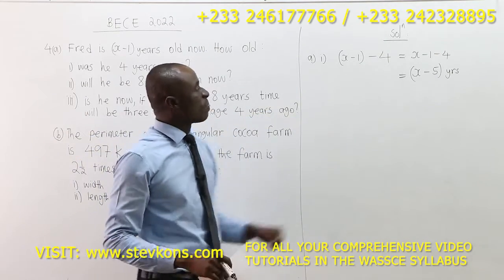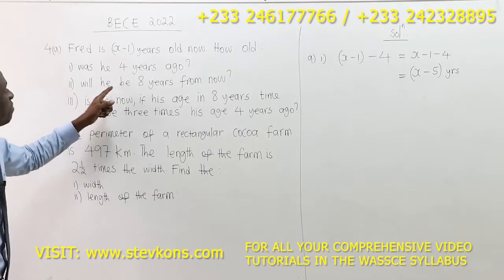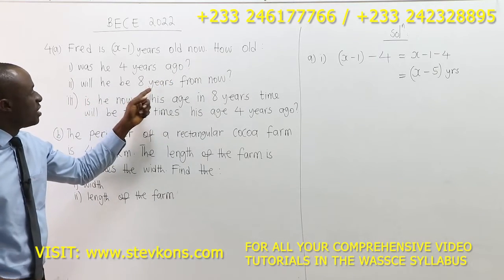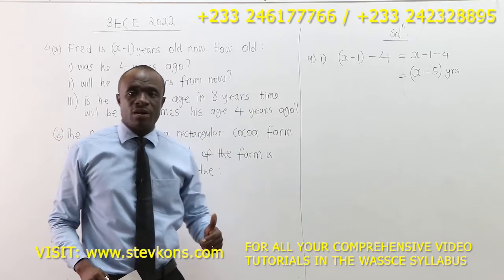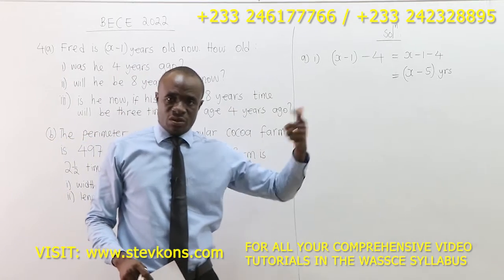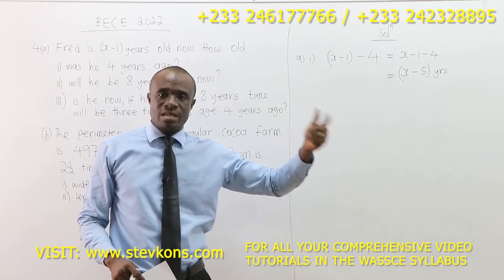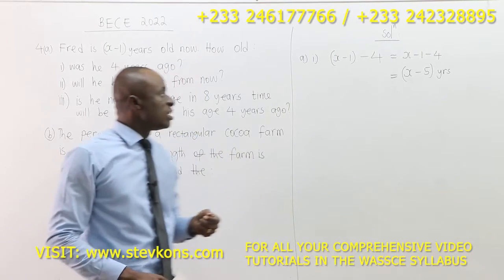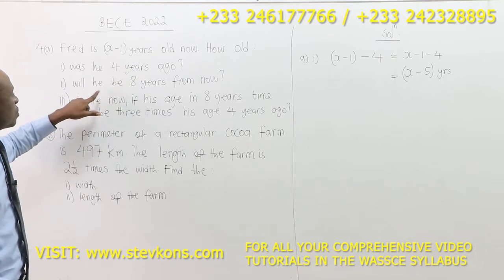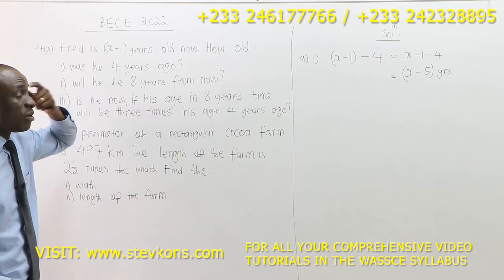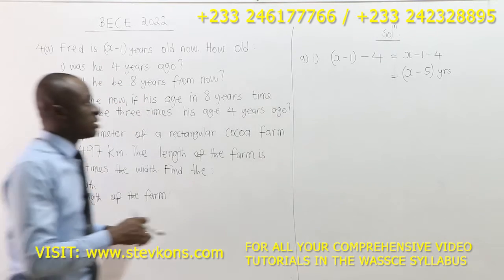Okay, how old will he be 8 years from now? If my age is 10 now, 8 years to come is going to be 10 plus 8, which will be 18. In this case, the age now is X minus 1. So 8 years from now, that will be X minus 1 plus 8.